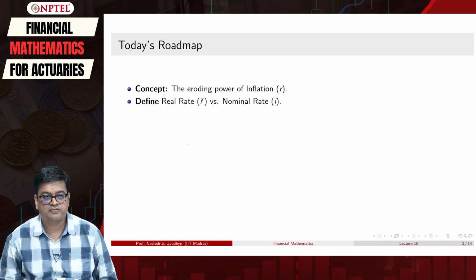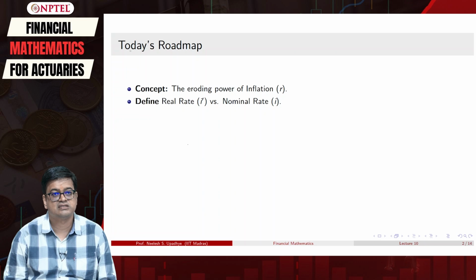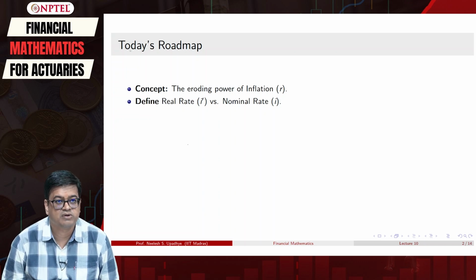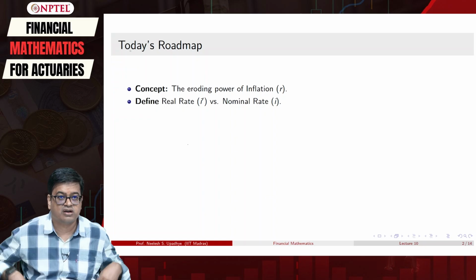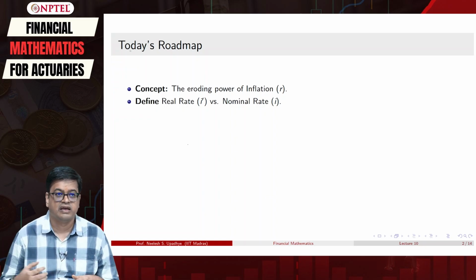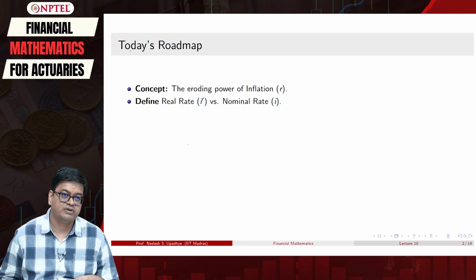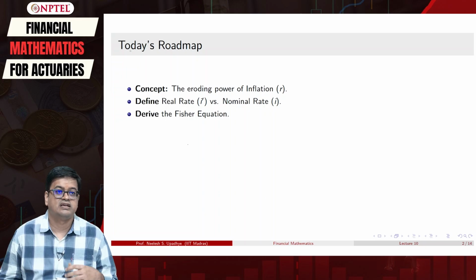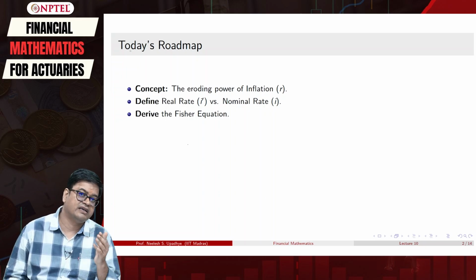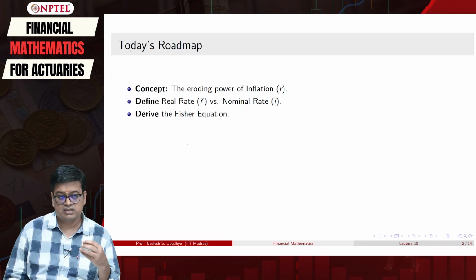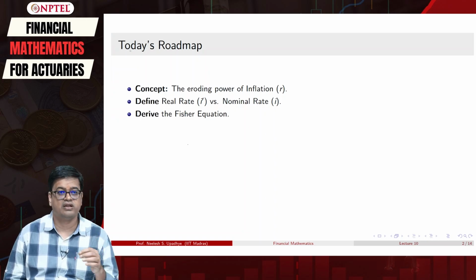We might have referred to this concept in earlier lectures, but today we are going to formally define it, and then contrast it with the nominal rate. Then we will derive the relationship between the real rate, the nominal rate and the inflation rate in terms of an equation. We will call that equation the Fisher equation.